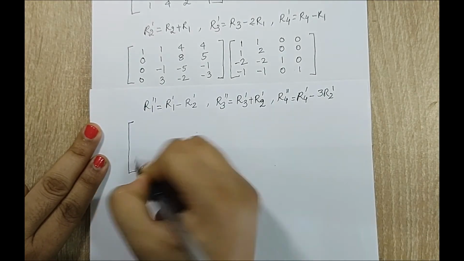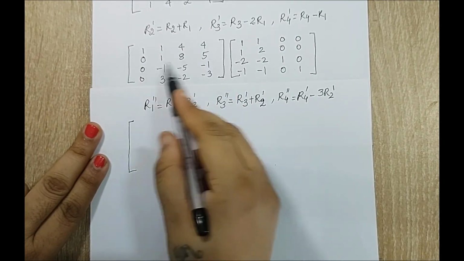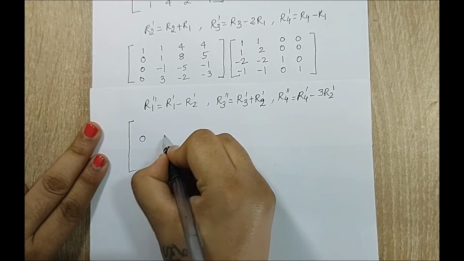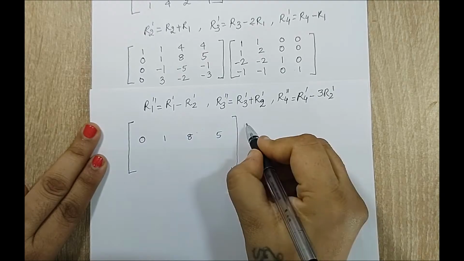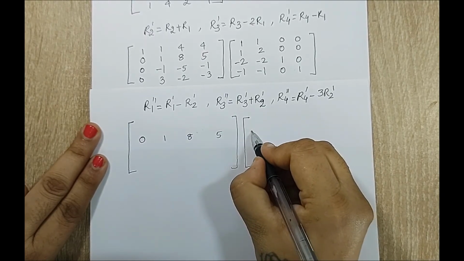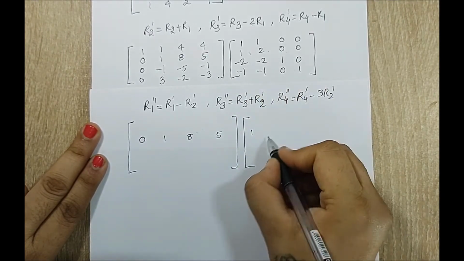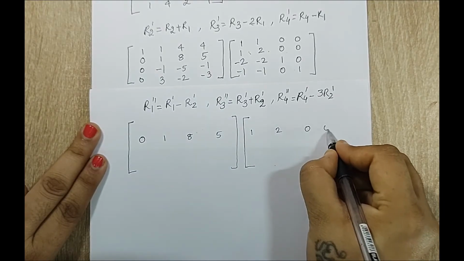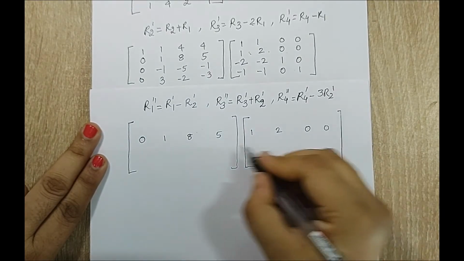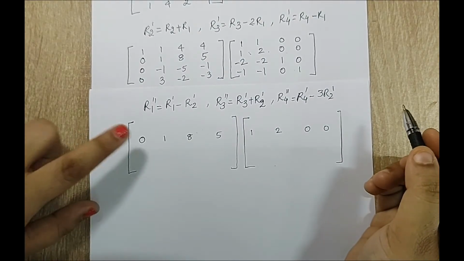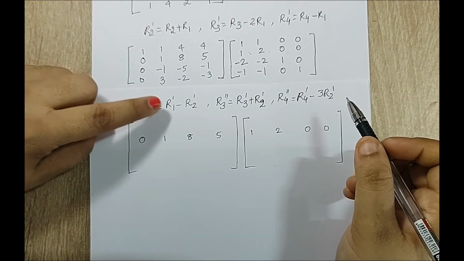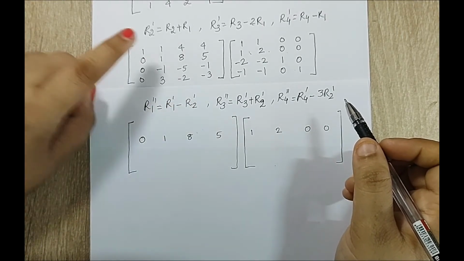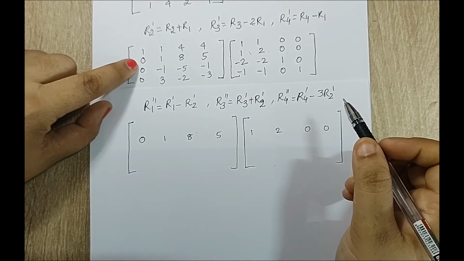Now let's make the matrix. R2 will remain the same, so I can just write down 0, 1, 8, 5. And here I'll have 1, 2, 0, 0. So just writing these elements as the same. Now I'll fill up R1 double dash. R1 double dash will be R1 dash minus R2 dash. So I have this value minus this value.